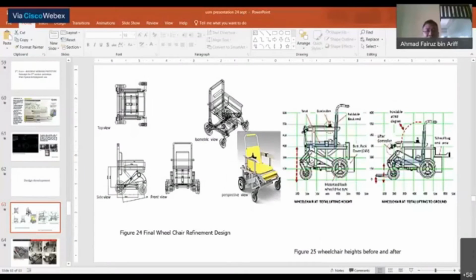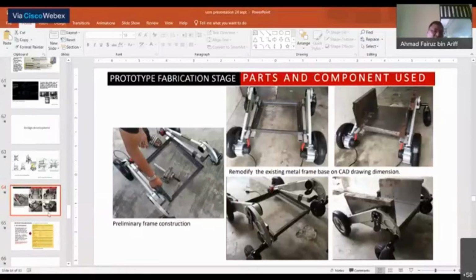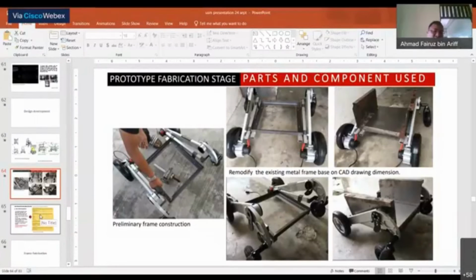Considering the three criteria that we set earlier, this is to set the preliminary width of the wheelchair, and then we are still in the sourcing process.